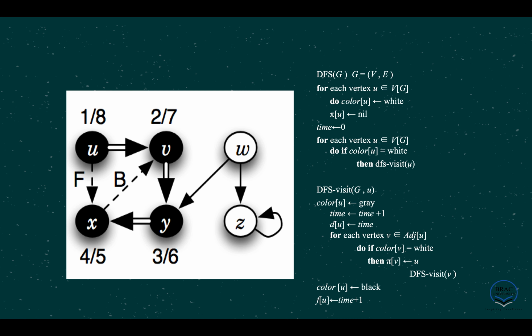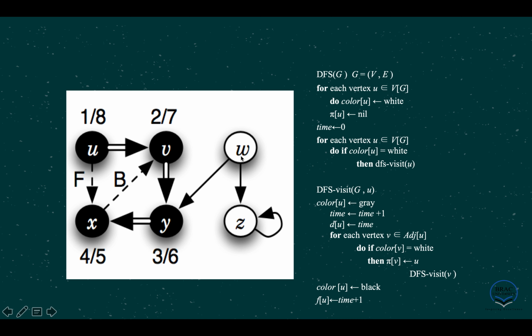Now for our pseudocode, our graph has 2 more vertices which are still white. So we have to discover them as well. With our for loop, we start to look for any vertex that is colored white. So we have found with this for loop that our vertex w is still white.